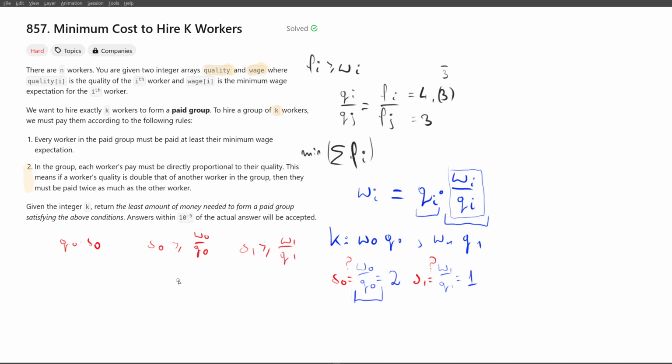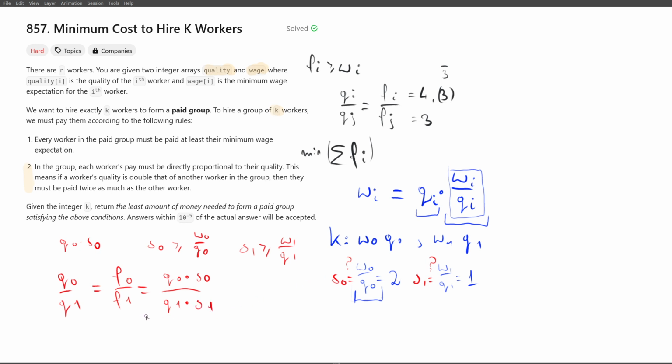But we also know that the amounts they're paid, F0 divided by F1, has to be equal to Q0 divided by Q1, because they have to be paid in proportion to their qualities. So this guy will be paid Q0 times S0, and this guy has to be paid Q1 times S1.